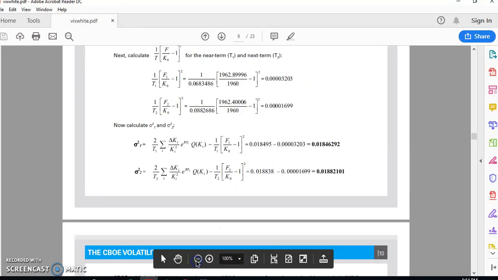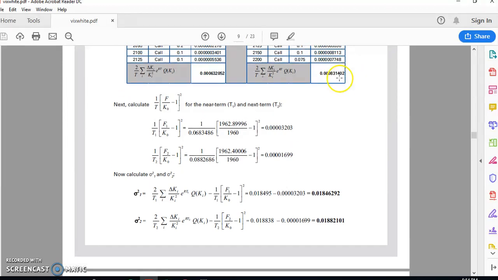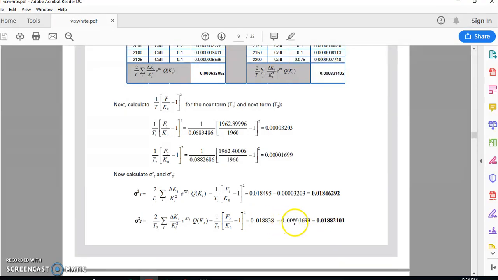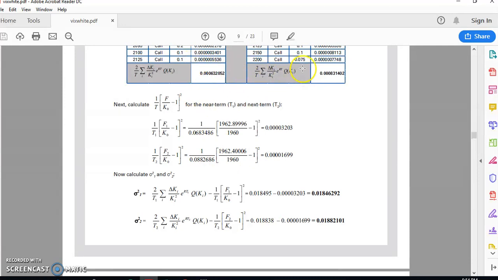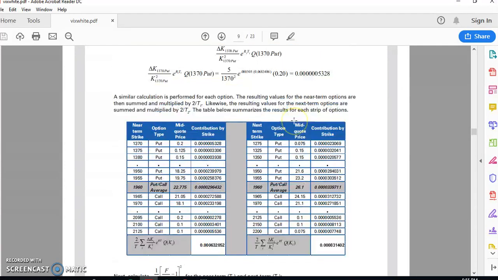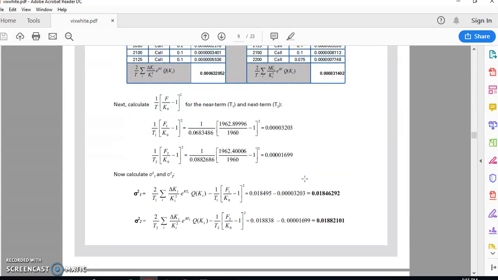Let's take this down a notch. The number we obtained here was then multiplied by 2 divided by T2, which in turn produced this figure. And then we had to subtract away 0.000169, which was obtained here. Again, that's just repeating what we had done before on this side, but now doing the same estimation for this set of data here in the 32-day expiry option data.